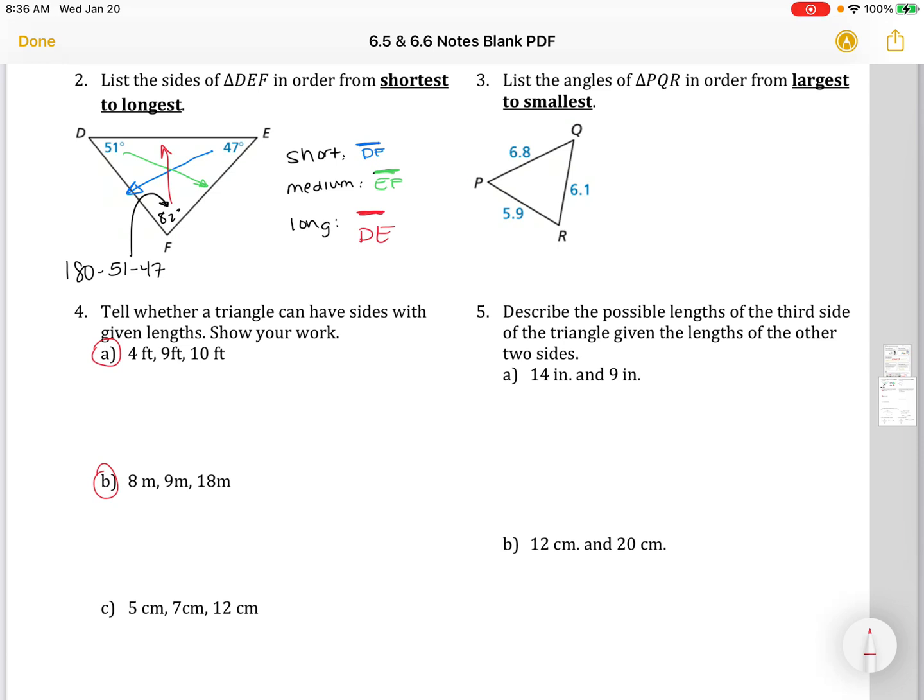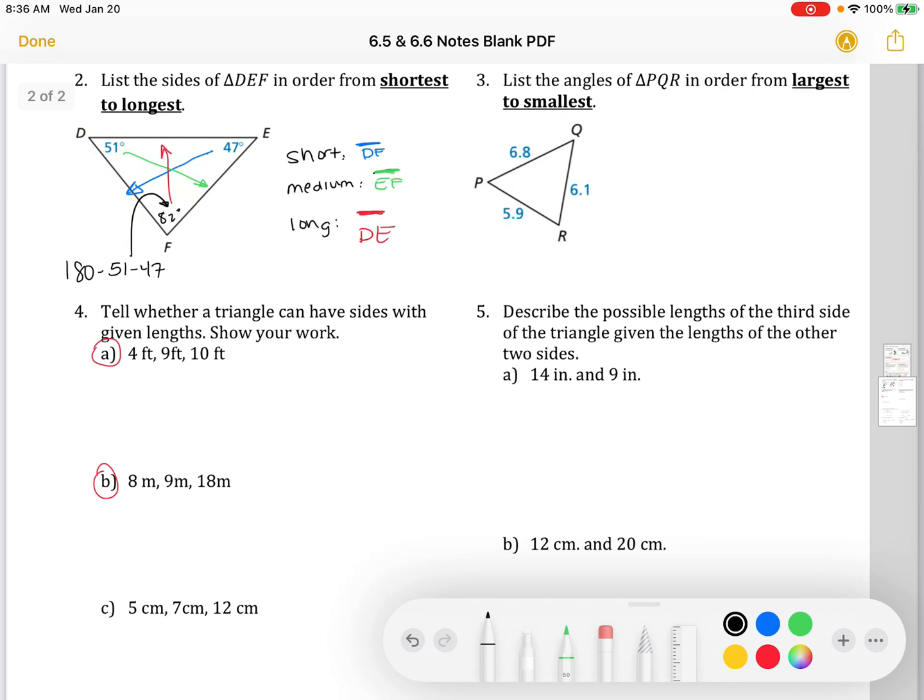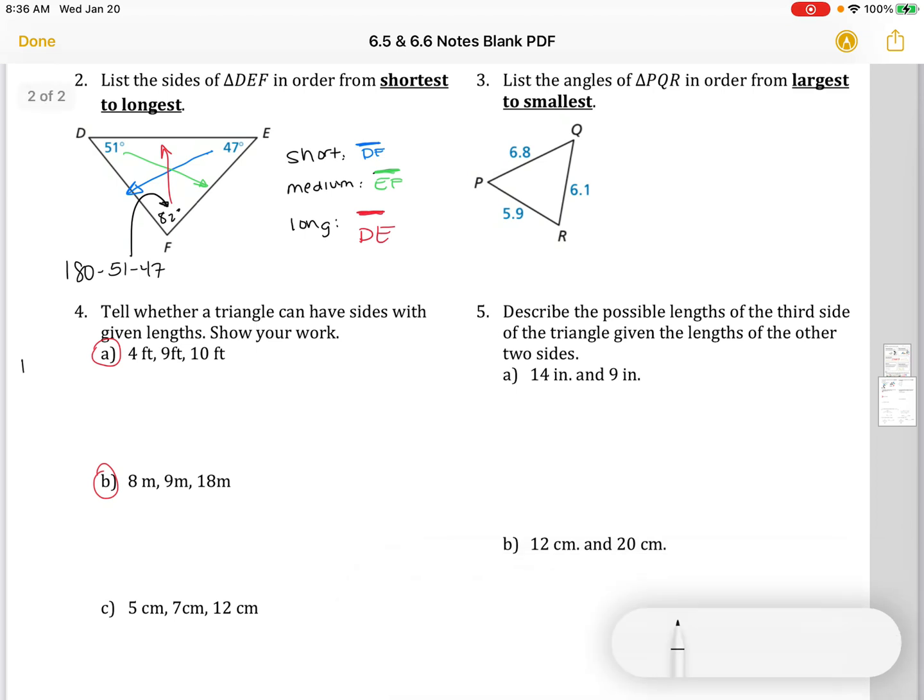Show your work. So we are testing 3 sets of inequalities. Is 4 plus 9 greater than 10? Is 9 plus 10 greater than 4? And is 4 plus 10 greater than 9? You can see that I have all combinations of sides here.